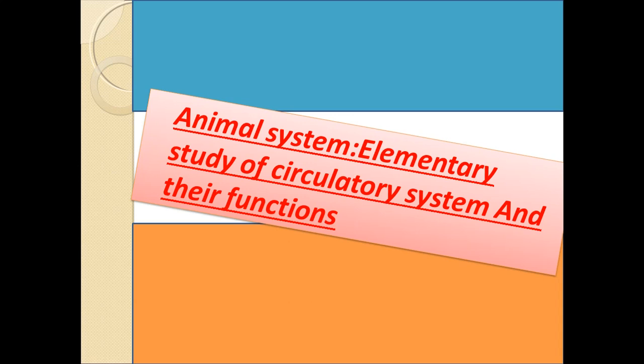In the animal system, we have study of digestive system, respiratory system, circulatory system and excretory systems. Today we are studying about the circulatory system and their functions in animal system.